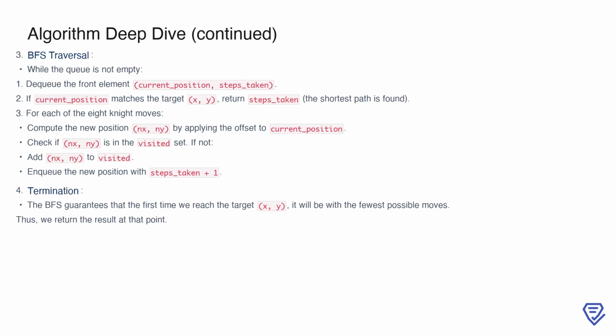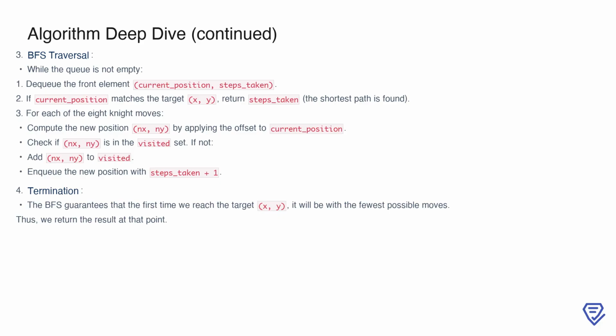Once the BFS is set up, the actual traversal begins. While the queue is not empty, we repeatedly dequeue the front element, which represents the knight's current position and the number of steps taken to reach it. If the current position matches the target, we return the step count immediately since BFS guarantees this is the shortest path.